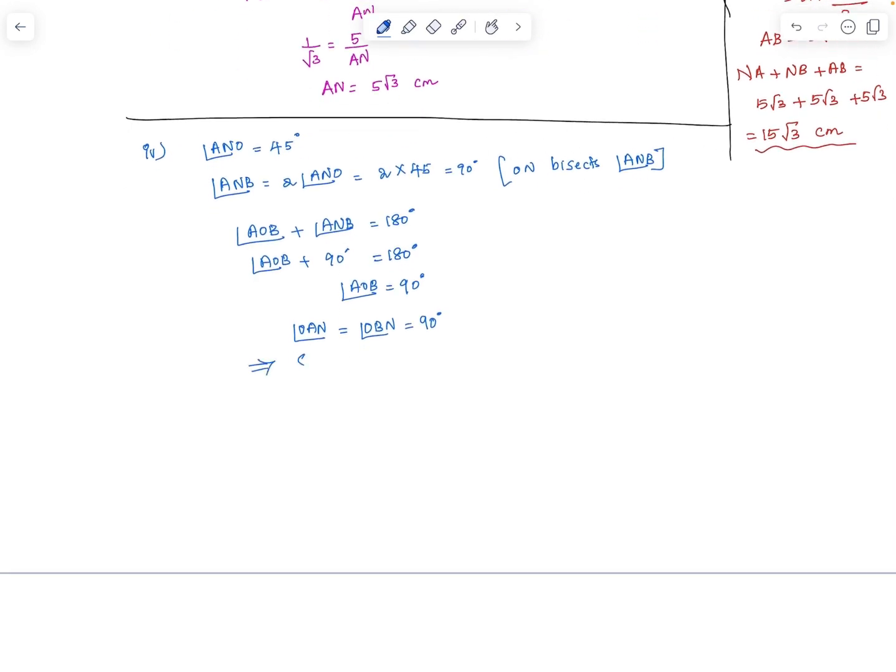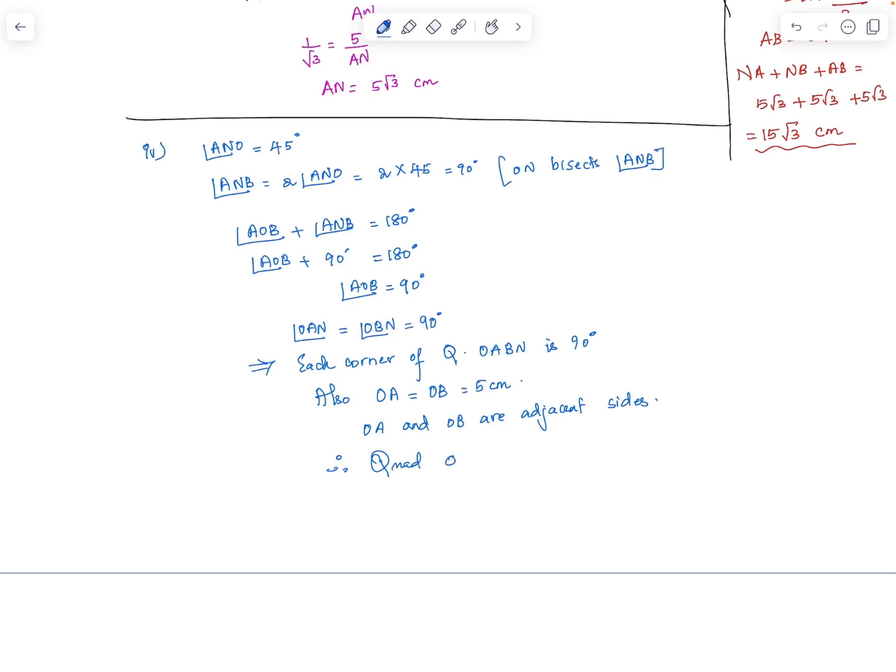So this implies each corner of the quadrilateral OABN is 90 degree. Also, OA is equal to OB is equal to 5 centimeter. OA and OB are adjacent sides. Therefore, quadrilateral OABN is a square.